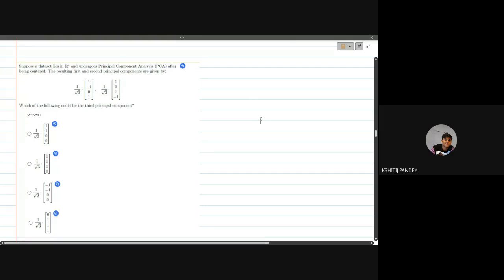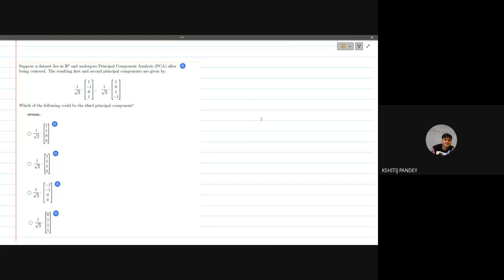So suppose a data set lies in R4 and under PCA, principal component analysis, after being centered, the resulting first and second principal components are given to you, and you have to find which can be the third principal component. So we'll use the information that the third principal component will be orthogonal to the first and second principal components, right?